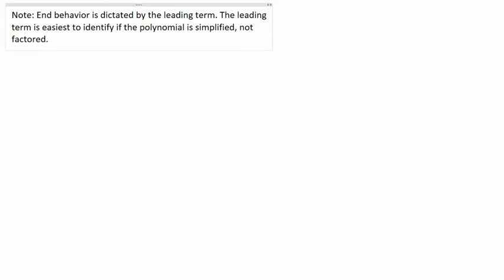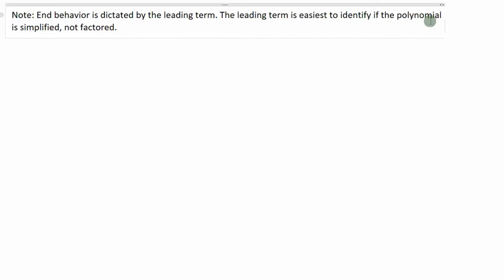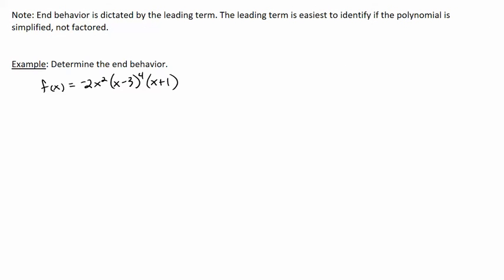Okay? So here's the next example. This polynomial is factored, not simplified. So what we have to do is multiply all of this out to see what our leading term is. Multiply out to get the leading term.